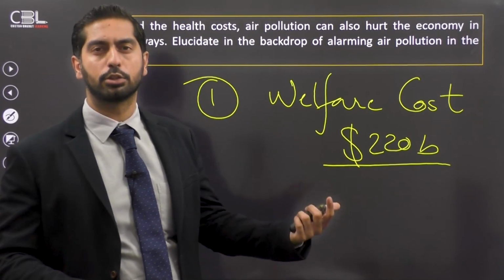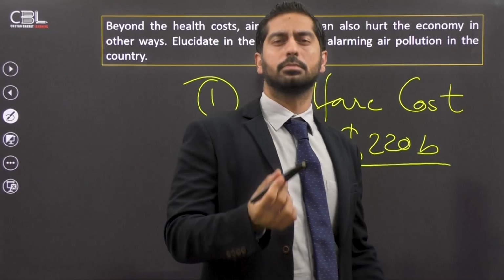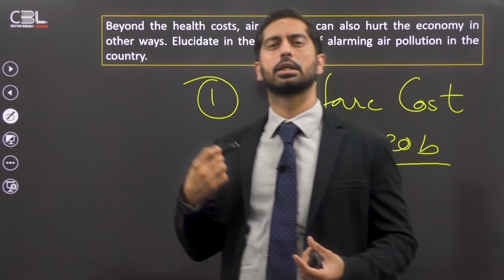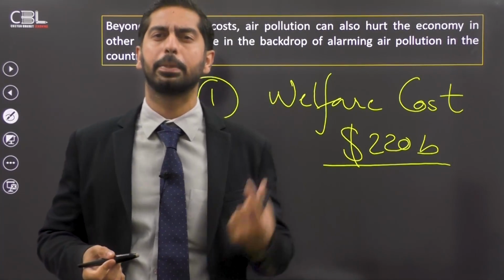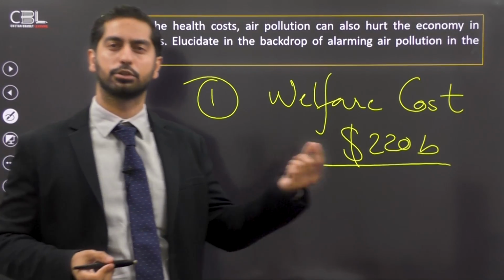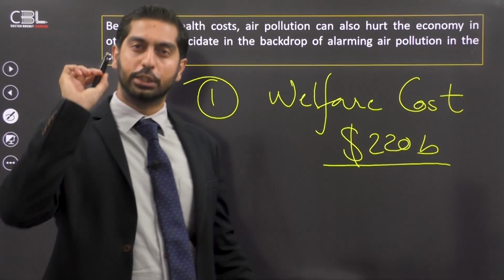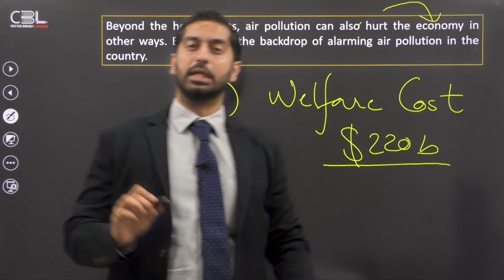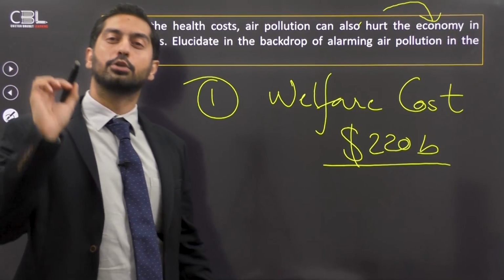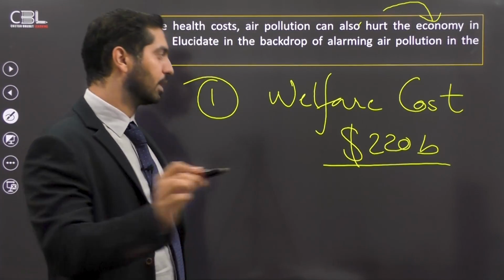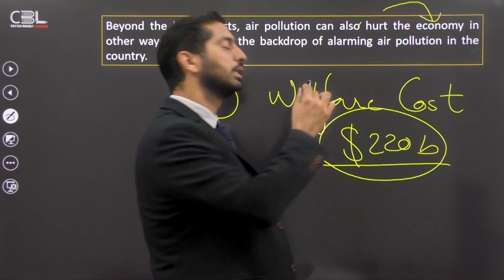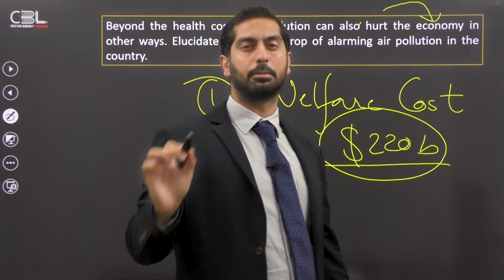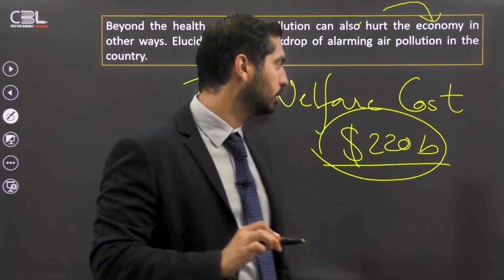When somebody is sick, depending on your employment conditions, you are given some sickness allowance, a paid leave or some medical leave. So the loss, we are supposed to discuss the impact on economy. The loss, according to United Nations Environment Program, is of the order of 220 billion, which is one of the largest among the countries of South and Southeast Asia.